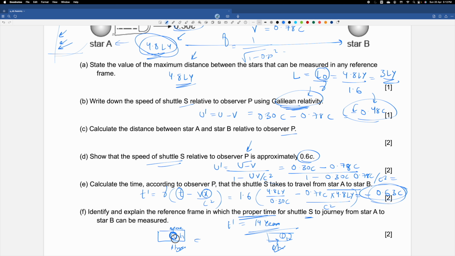You're measuring the time inside the space shuttle. Even though your space shuttle has moved, the clock remains at the same point in space. So, repeating the question: in which frame will the proper time be measured? It is the shuttle's own frame.